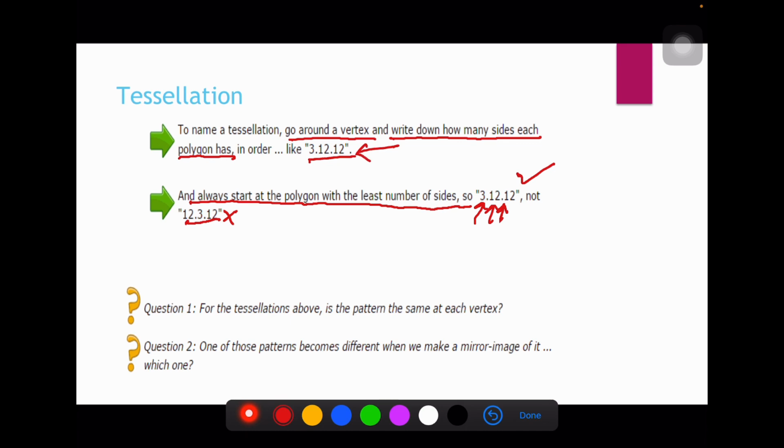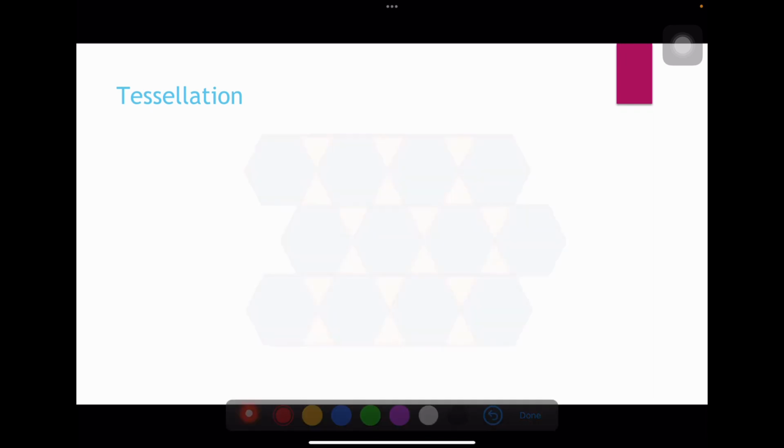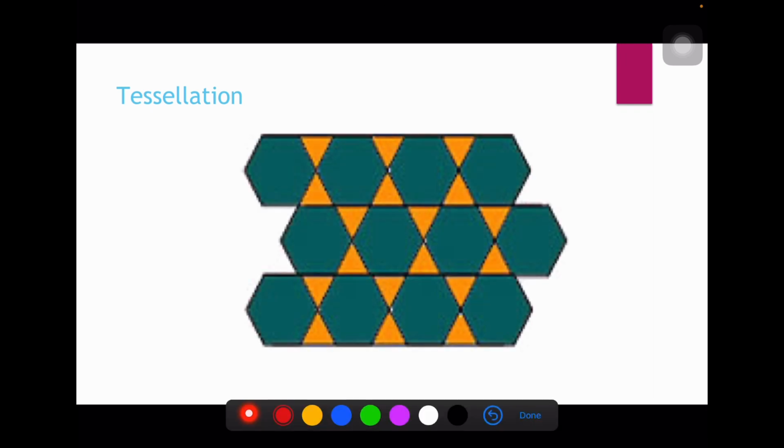Let's look at the tessellation here. We need to name it, so we need to find a vertex that is linked to all shapes. This is one vertex. We can see that we have these triangles and these hexagons, all attached to the same vertex. We can start from the lowest number.